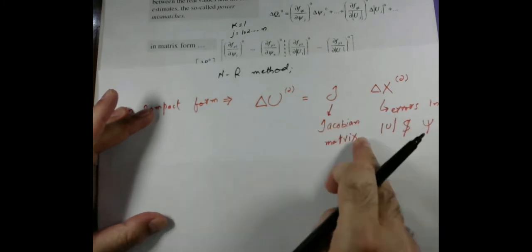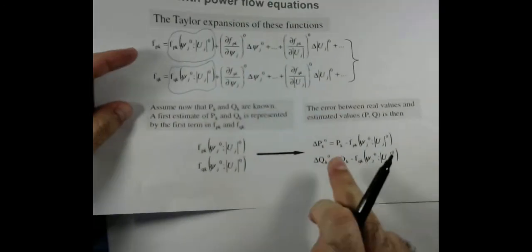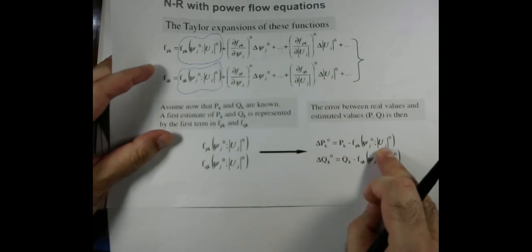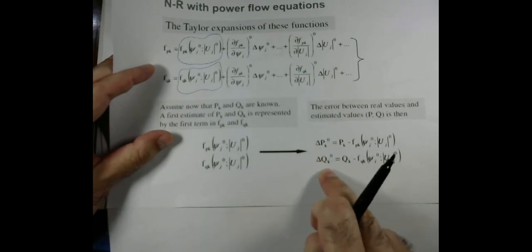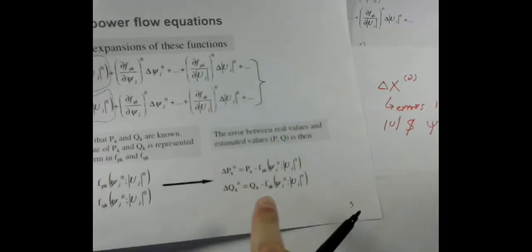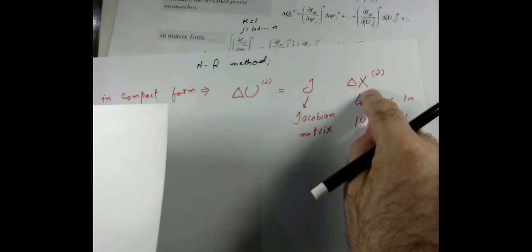Now, we will calculate the Jacobian matrix based on the difference between the known values on the load buses and the value that we will calculate based on the estimate. We will also determine the error, what we call the power mismatches. If we know the two values, one can determine the error.